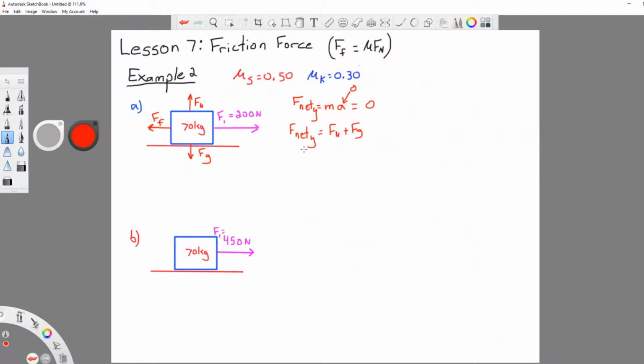Well, we can then make 0 equal to force normal plus our force of gravity, which is 70 kilos times negative 9.81 meters per second squared, leaving us with a normal force of, I have it written down here somewhere, 686.7 newtons.